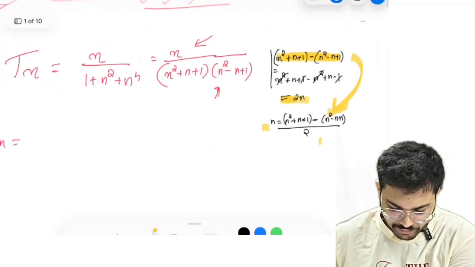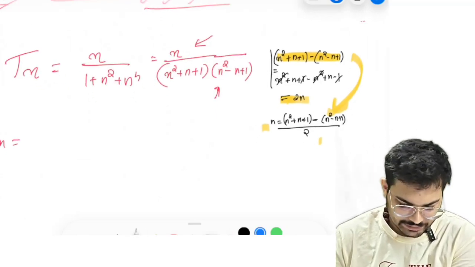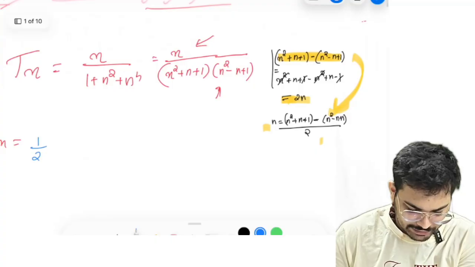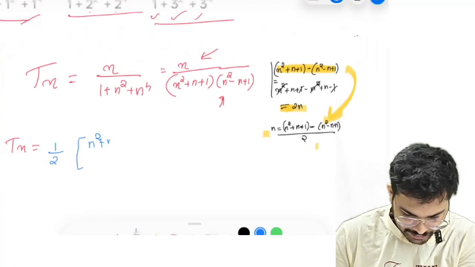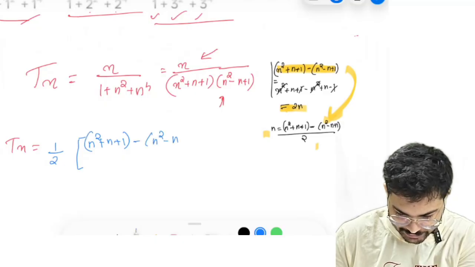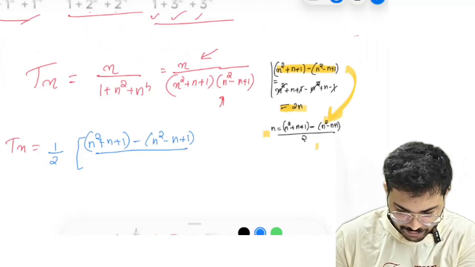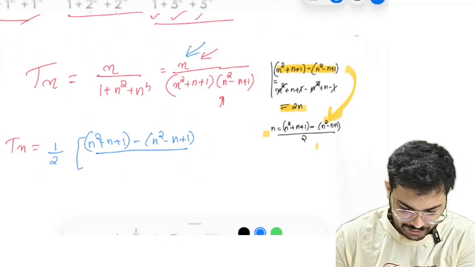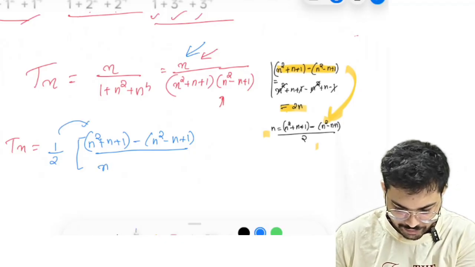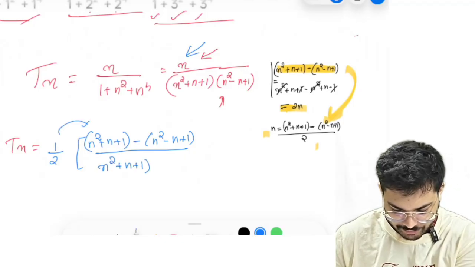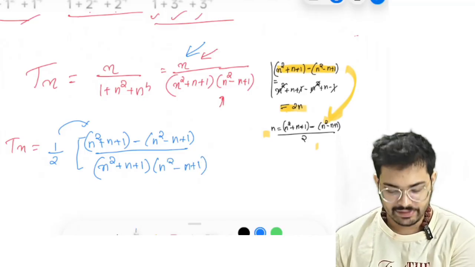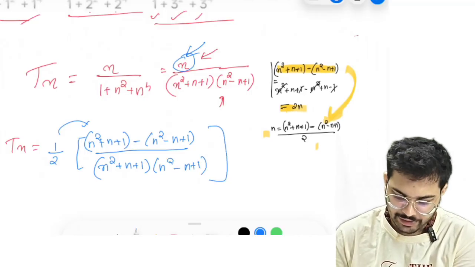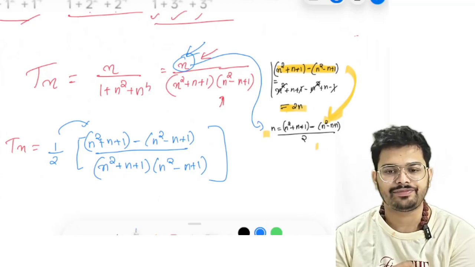Now the term can be written as 1 by 2 into n square plus n plus 1 minus n square minus n plus 1, the whole divided by n square plus n plus 1 into n square minus n plus 1. We just substituted for this n using this.